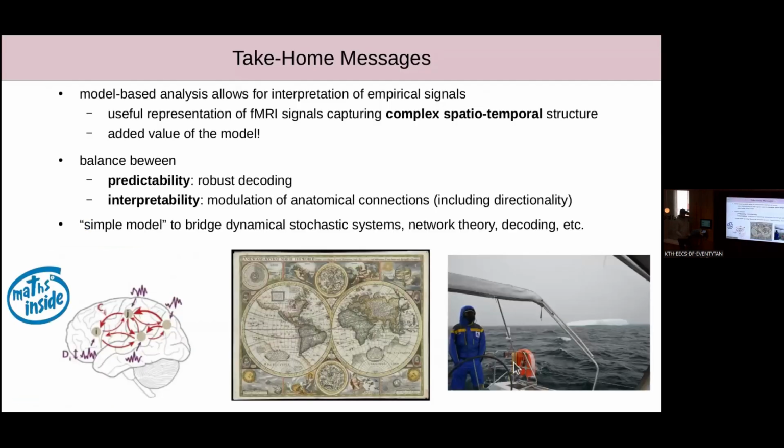And with this, just recapping a bit what I said about this anatomo-functional model, trying to make a balance between predictability and interpretability. The way I see it is that so far we've got very blurry maps because we don't have the right tools.